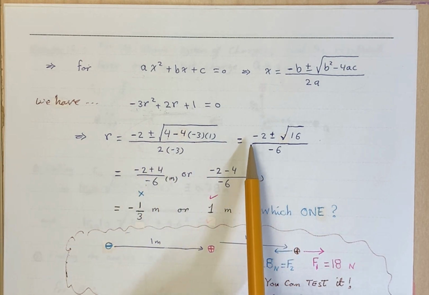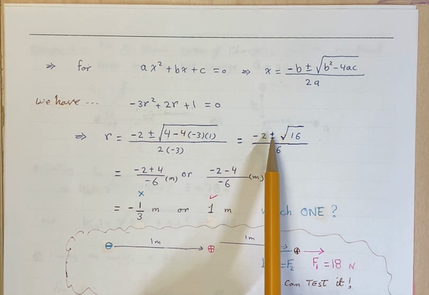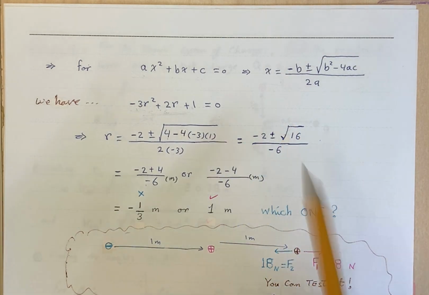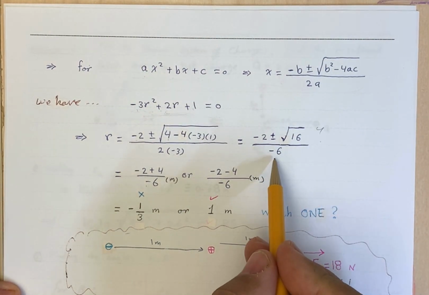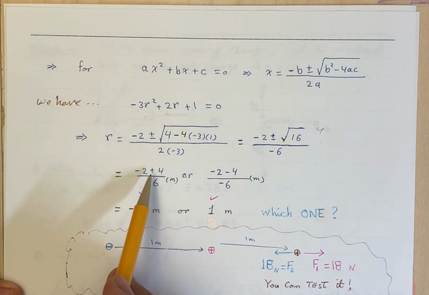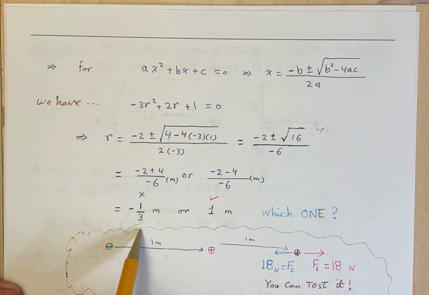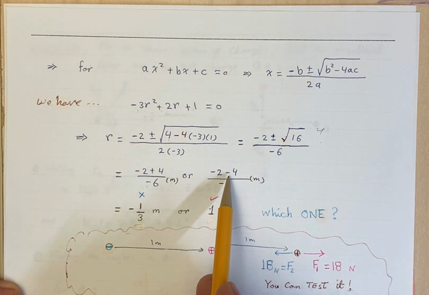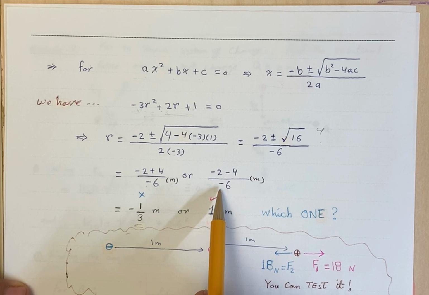We have finally minus 2 plus minus the square root of 16, which is 4, over negative 6. So we have two values: negative 2 plus 4 over negative 6, which is negative third. We have negative 2 minus 4 over minus 6, which is positive 1.